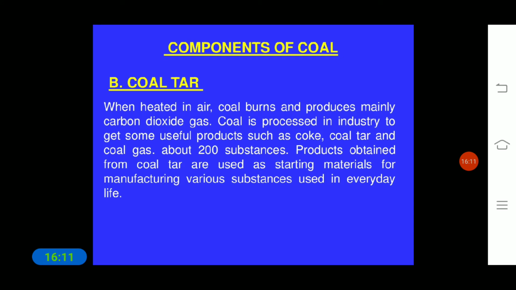Coal tar. Coal tar is one of the components of coal. When we heat coal in air, the coal burns and produces mainly carbon dioxide. Coal is processed in industry to get some useful products such as coke, coal tar and coal gas.